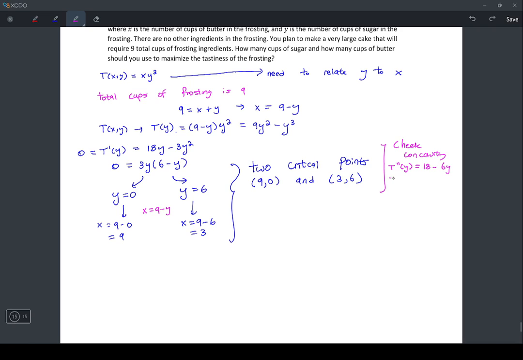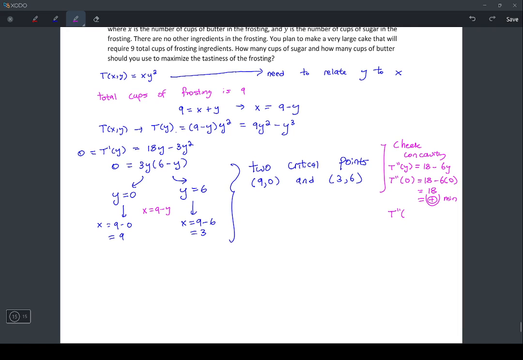And then I'm going to evaluate that at each of the two solutions, at 0. So I'm plugging in the y value here. We get 18, which is positive. It means it's a minimum, because positive means concave up, and concave up has the shape of a local minimum.